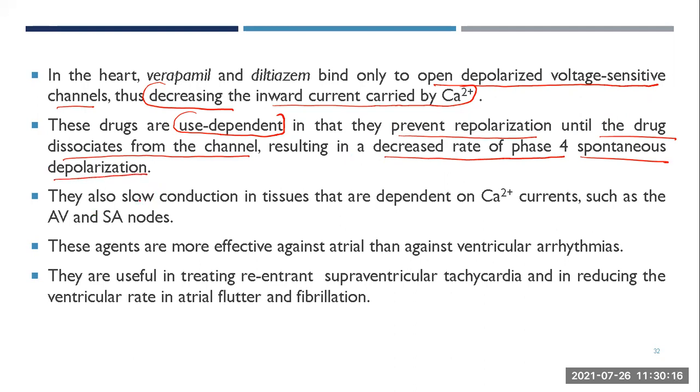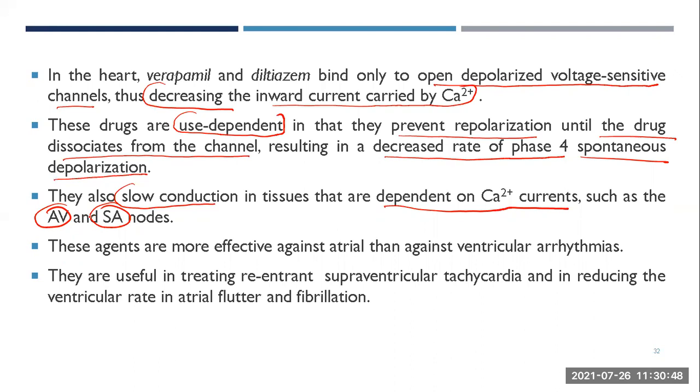They also slow conduction in tissues dependent on calcium currents, such as the AV node and SA node. Unlike other excitable cells, which depend on sodium influx for depolarization, the AV node and SA node are more dependent on calcium channels.